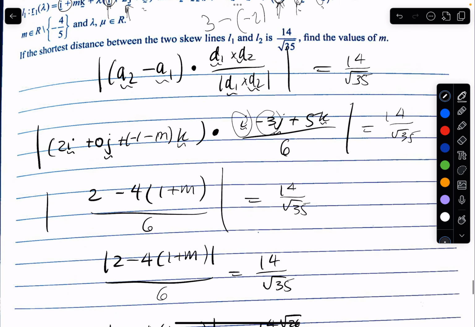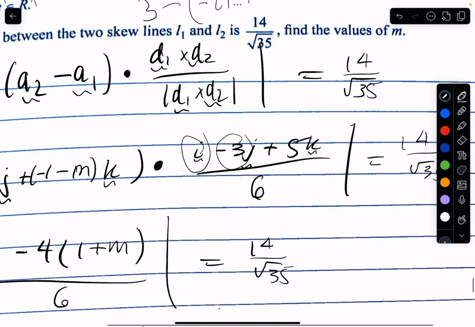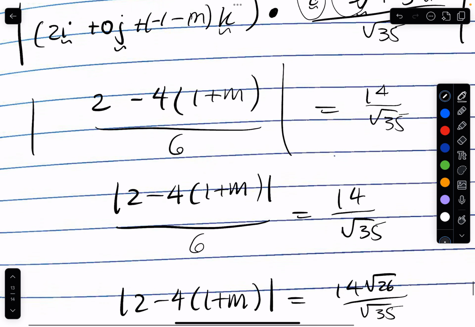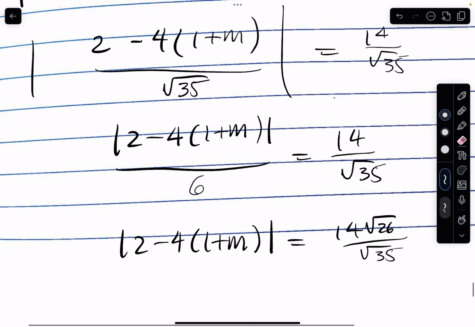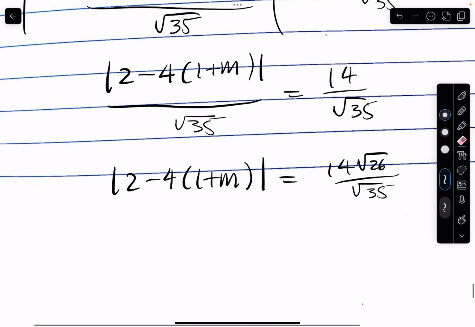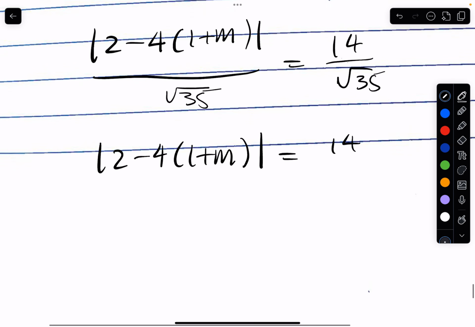No. 25 plus 9 is 34, plus 1 is 35. Man, I hate the cross product. Alright, that's a lot better.